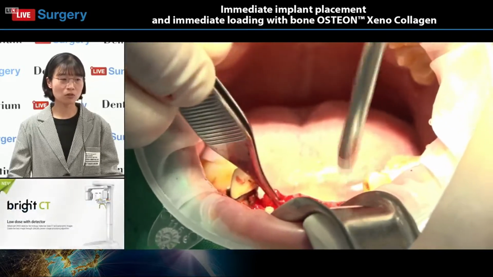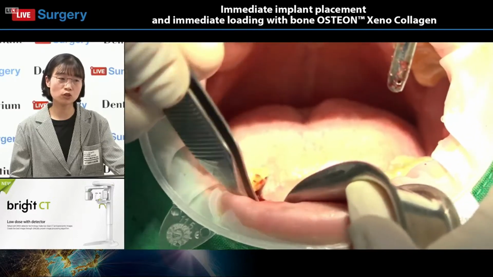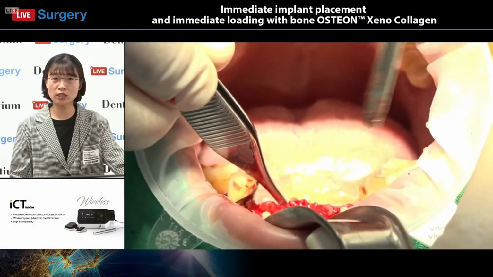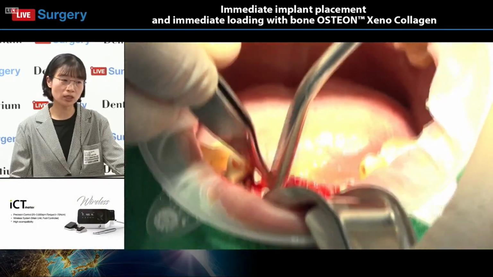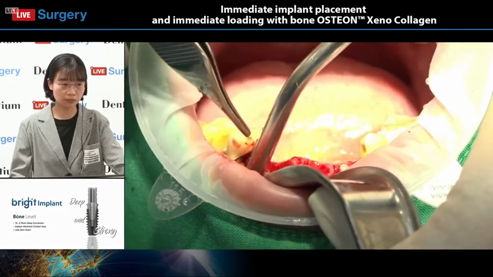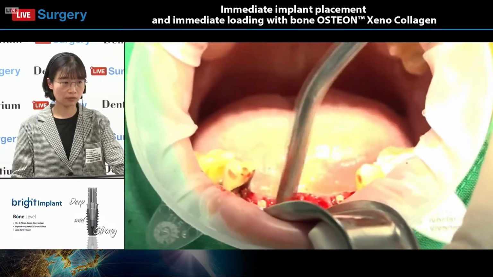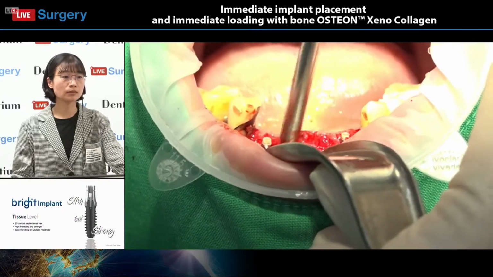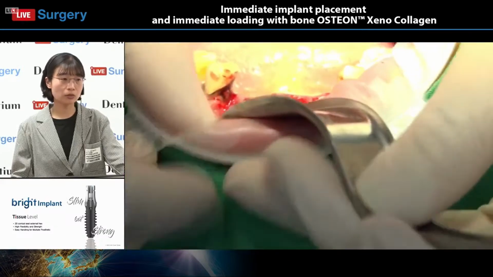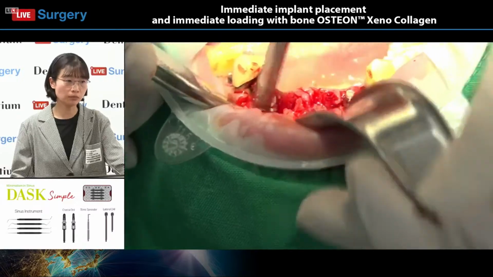I think he will do GBR around the implant fixture because there is some fixture thread exposure, especially on the 43 position, because there's severe bone resorption. Yes, we can see the fixture thread exposure on the sides.